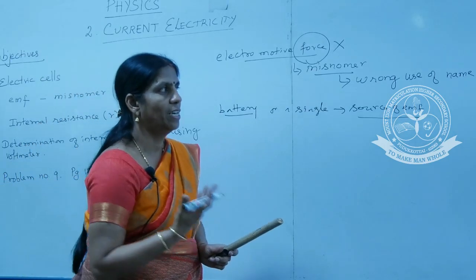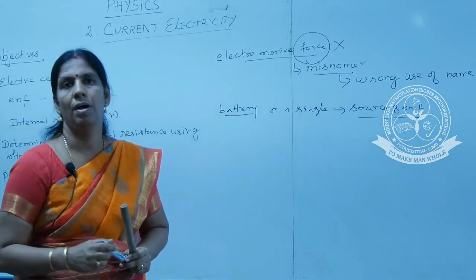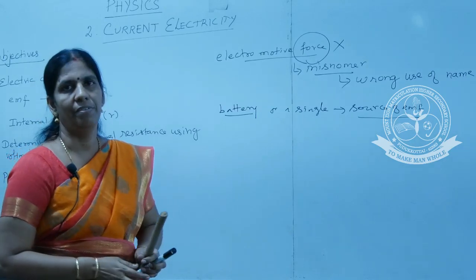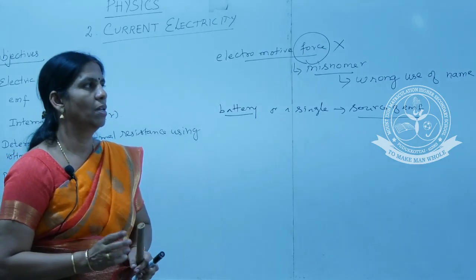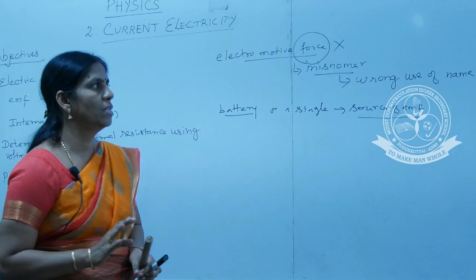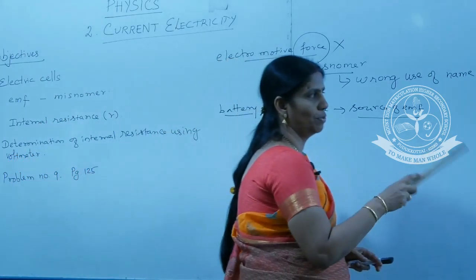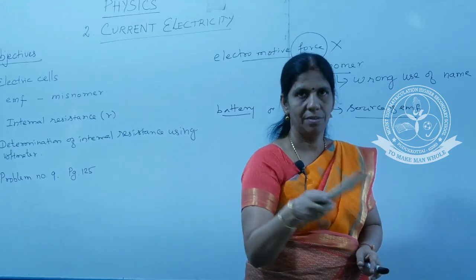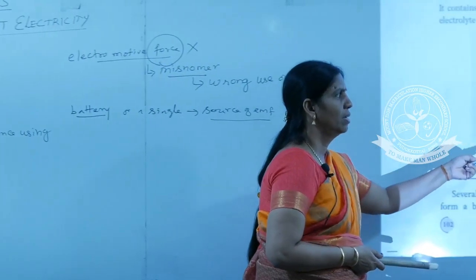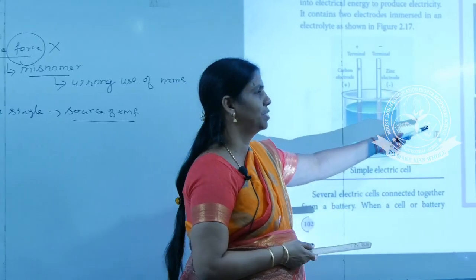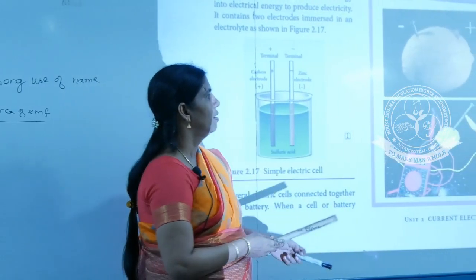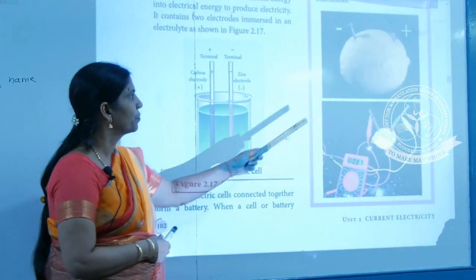Or there is an activity also given. It's a simple activity that clearly shows the working of a cell. A cell consists of two electrodes, positive and negative, with an electrolyte. This we can do with the help of a simple activity as it is given in your book.